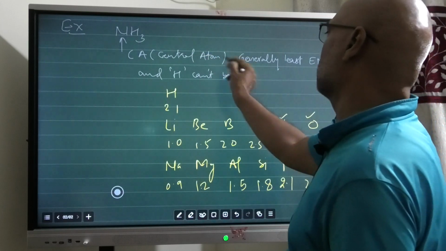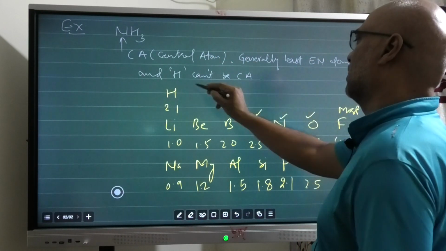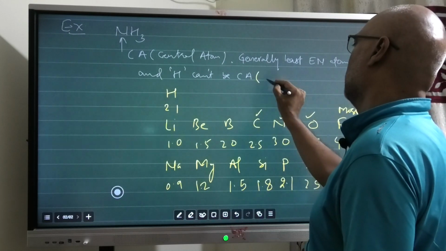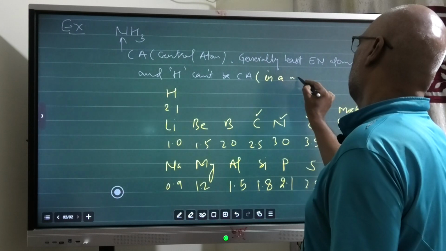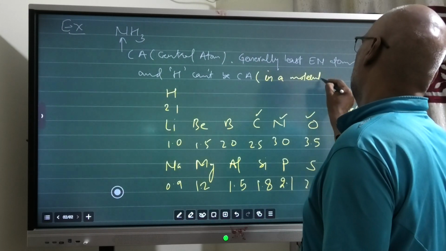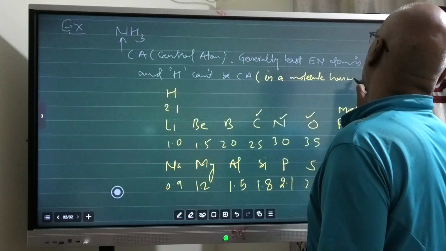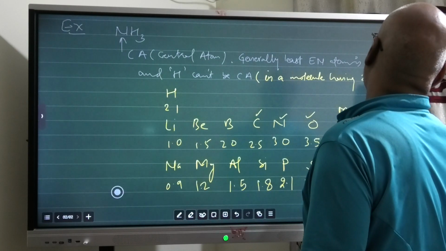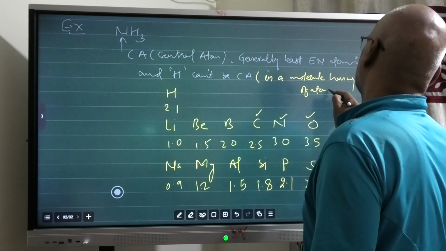So this rule is only applicable. Generally least electronegative atom is central atom, and hydrogen cannot be central atom in a molecule having 2 types of atoms. Understood?